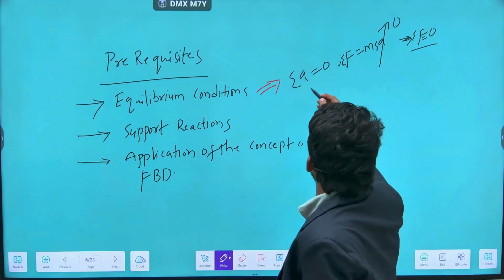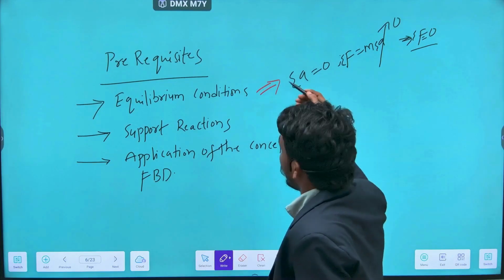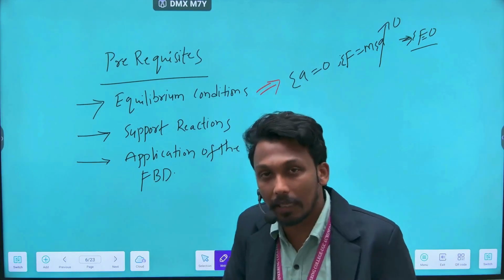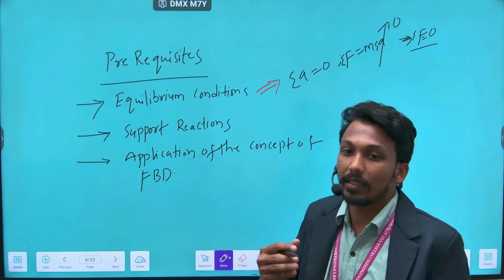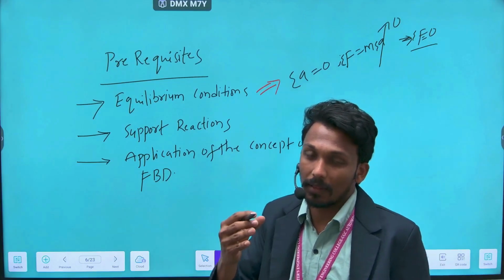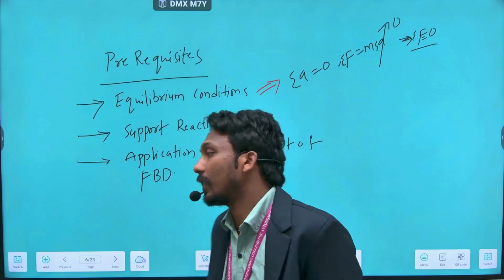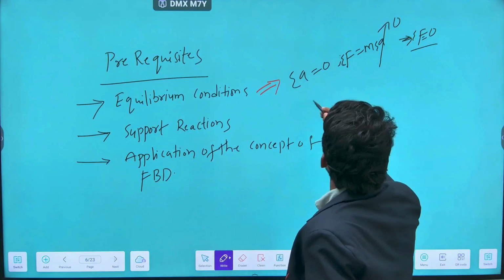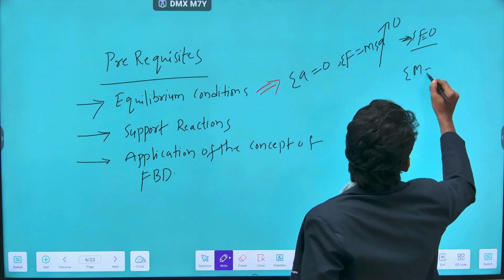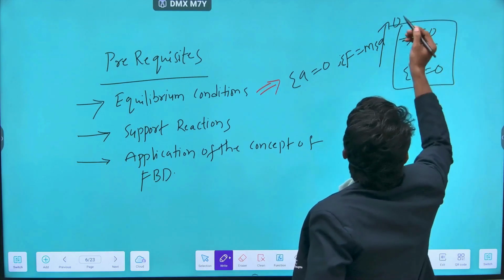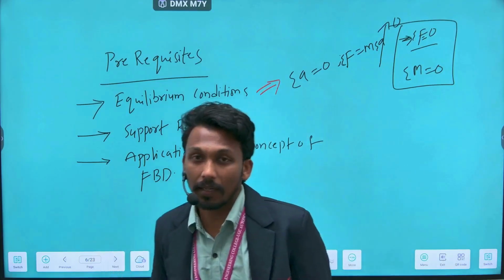Also, for the body to be in equilibrium, angular acceleration should also be 0. It means the rotation should be restrained, so the moment is also 0. So sigma M equals 0. These are the basic conditions for equilibrium.